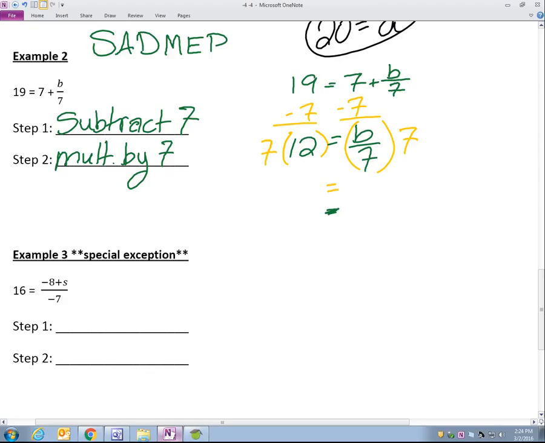So now I just have b, and I have 7 times 12, and I don't need calculators in this unit because we're not using them. 7 times 10 is 70, plus 14 is 84. 84 equals b.